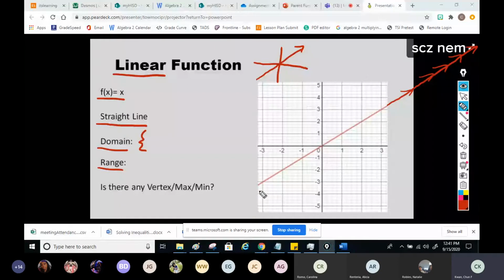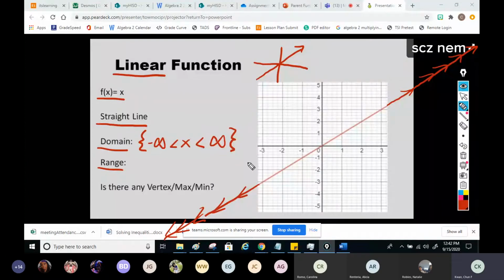Same with the lower left right here. It will just go on and on, and it will never stop. So the furthest left of this graph is negative infinity, less than x, less than the furthest right, which is going to be positive infinity, and that would be your domain.